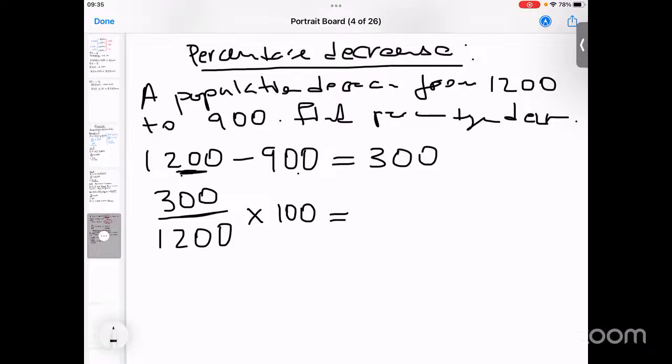The answer that you get is your percentage decrease. In this case, if you punch it on your calculator, it will give you 25%.